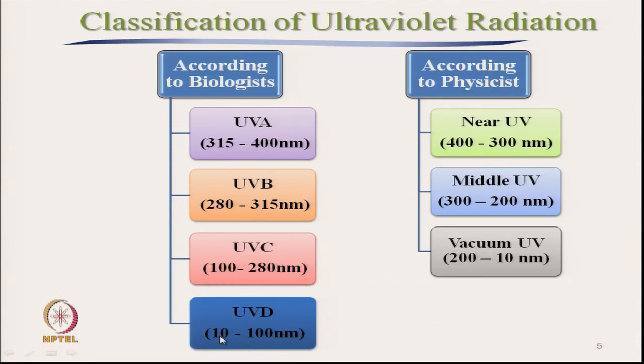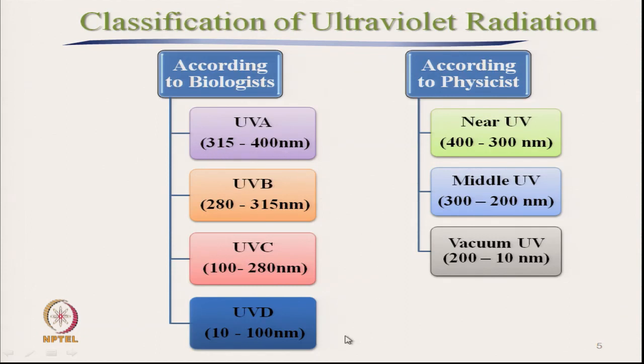For UVD, the wavelength range is between 10 nanometer to 100 nanometer. UVC is 100 nanometer to 280 nanometer, UVB 280 to 315 nanometer, UVA 315 to 400 nanometer.